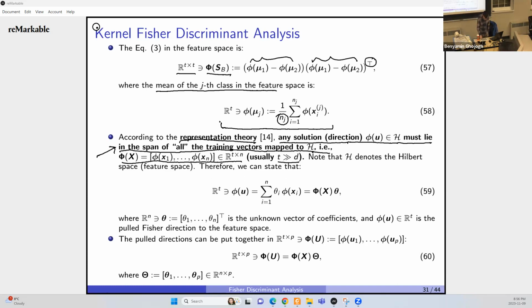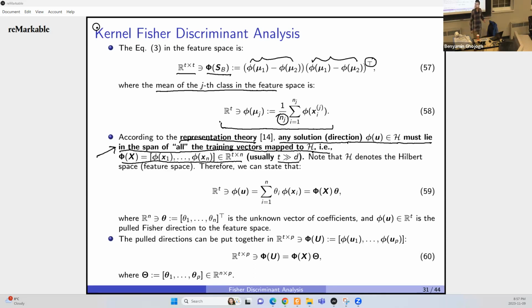This means that, again, let me say it slowly. Any solution, phi u, u is the solution, phi u is a mapped solution, right, to the feature space. So far clear? Come with me step by step. Any solution must lie, lie means exist, must exist in the span of all.